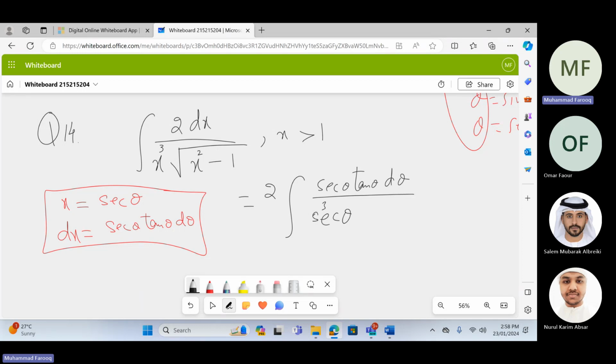Now I have secant square theta minus 1, which is tan square theta, under the square root. Please look here, brother. It's tan square theta, understand? The square root of a square becomes an absolute value, and now there is no more square root.